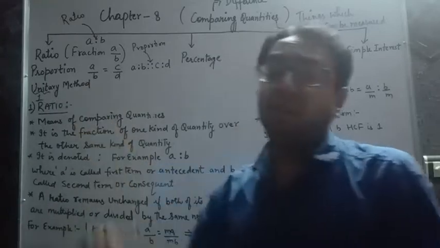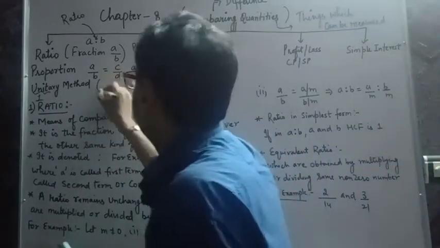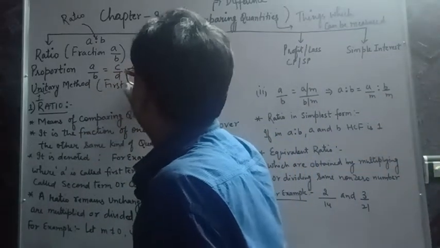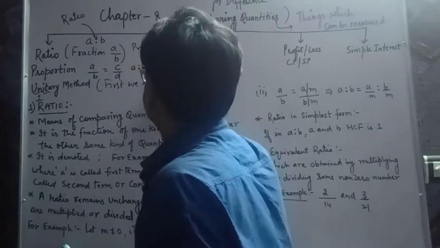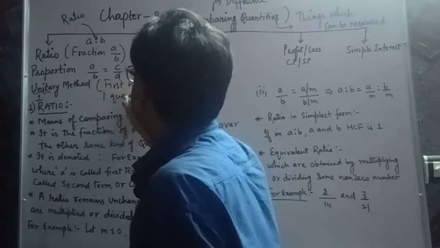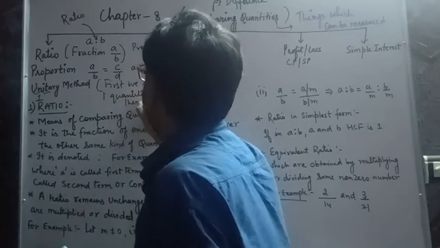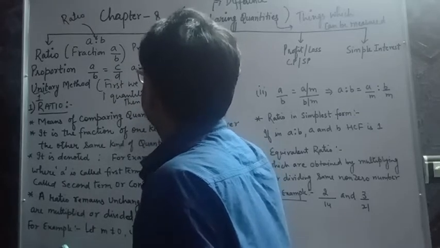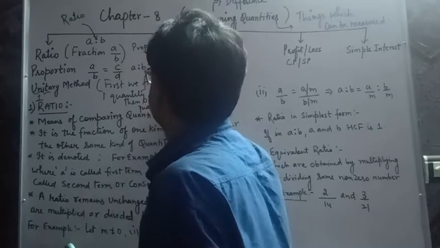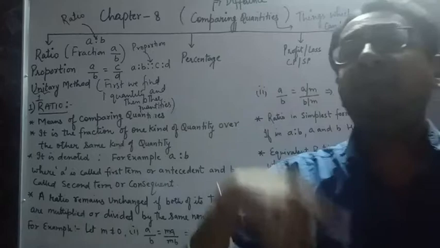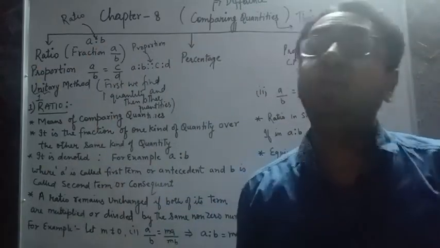This is what the unitary method is. First we find one quantity and then other quantities. Finding the value for one and then finding the value for others. This is what the unitary method is.